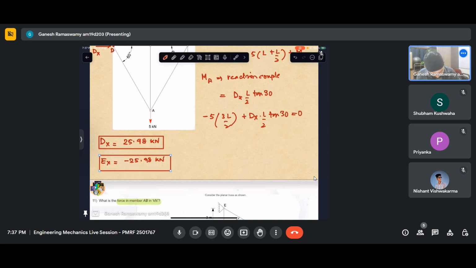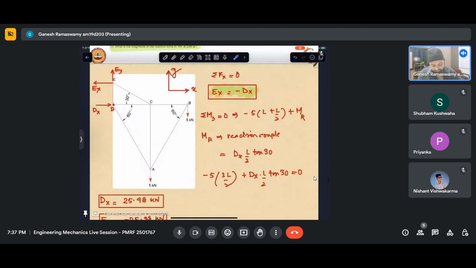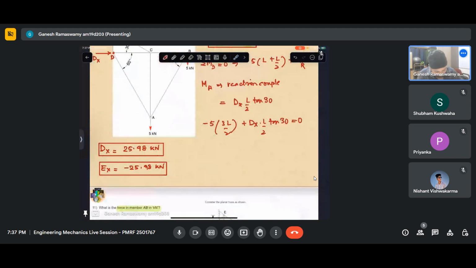Okay. Now sigma Fy equaling 0, we can easily see that this force has to balance the sum of these two forces. So Ey has to be 10 kilonewton. I needn't go and write it. So Ey is 10 kilonewton.